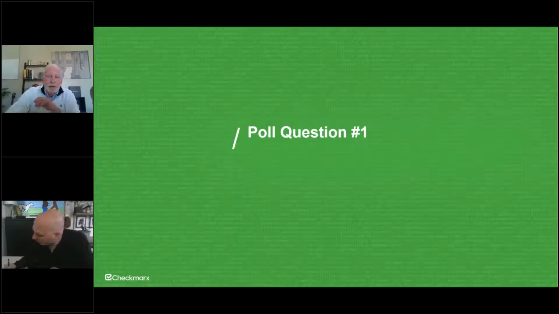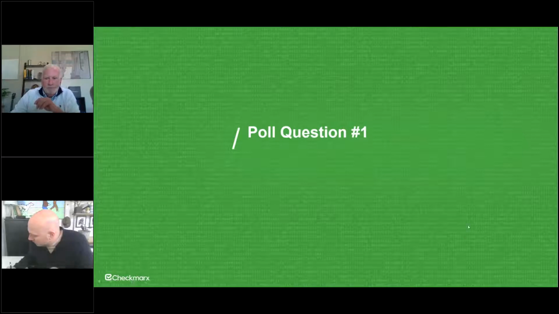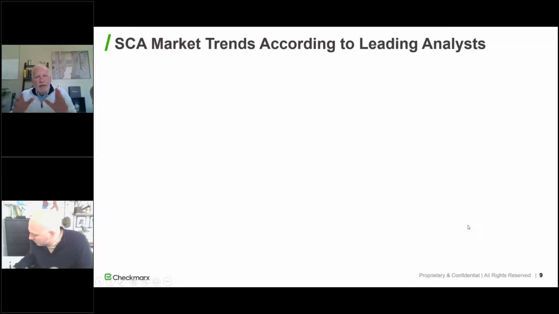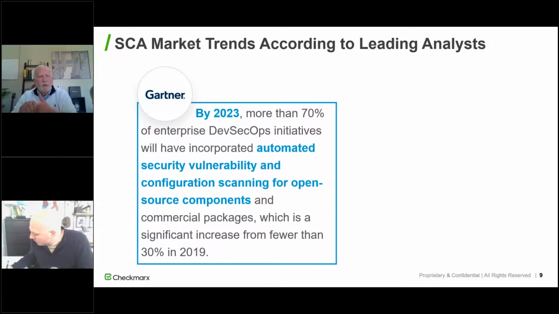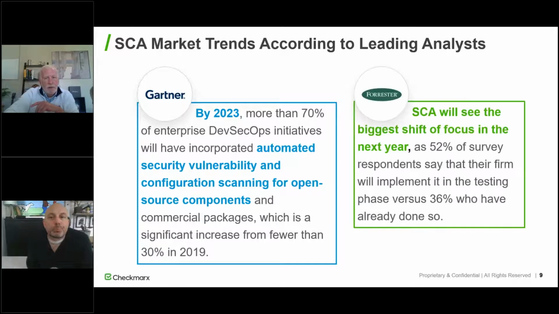All right, so moving on. Now, SCA market trends according to the leading analysts. A lot of people in the world of security obviously look to the analysts for guidance. And according to Gartner, by 2023, more than 70% of enterprise DevSecOps initiatives will have incorporated automated security vulnerability and configuration scanning, basically software composition analysis, for open source and commercial packages, which is a significant increase from fewer than 30% in 2019.